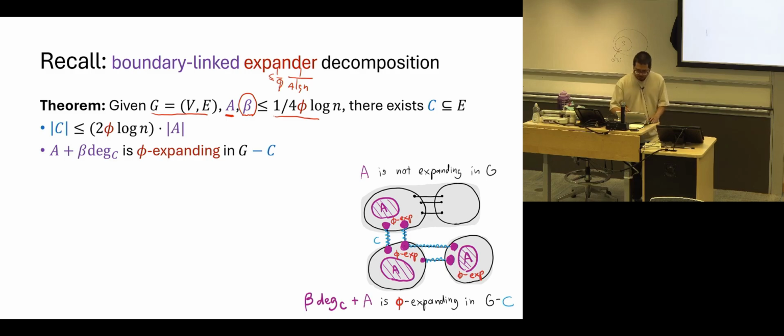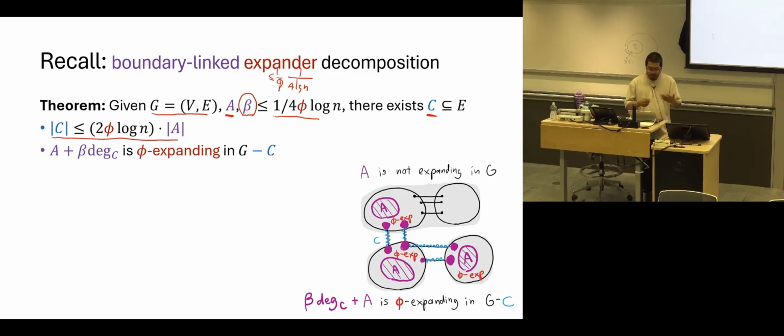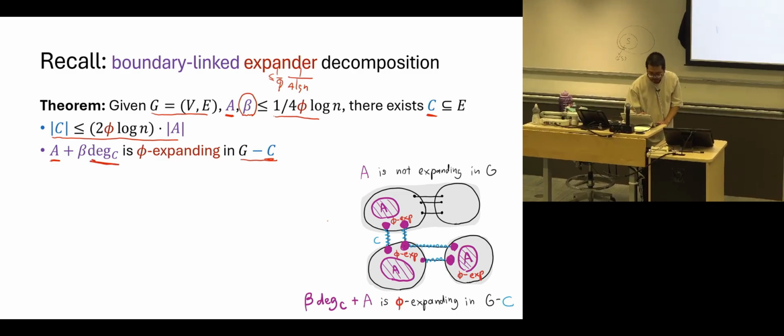And then we saw before that C is a cut such that the cut size is not too big. Okay? The cut size is like a phi fraction of A. But then after cutting C from the graph, the node weighting A plus the boundary of the cut, scaled up by beta, is phi expanding.